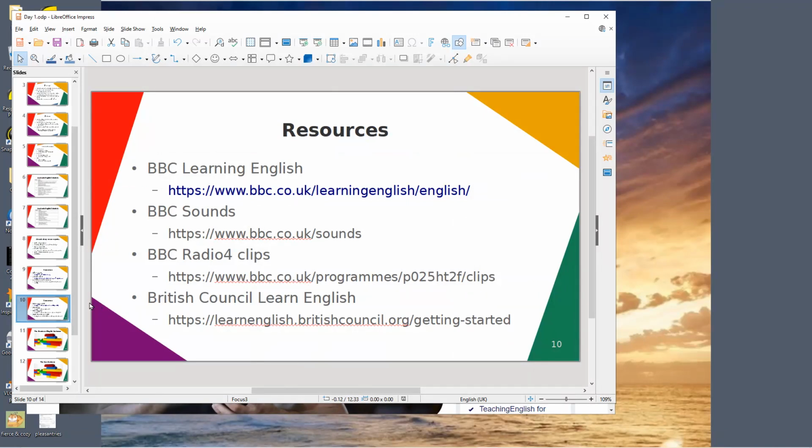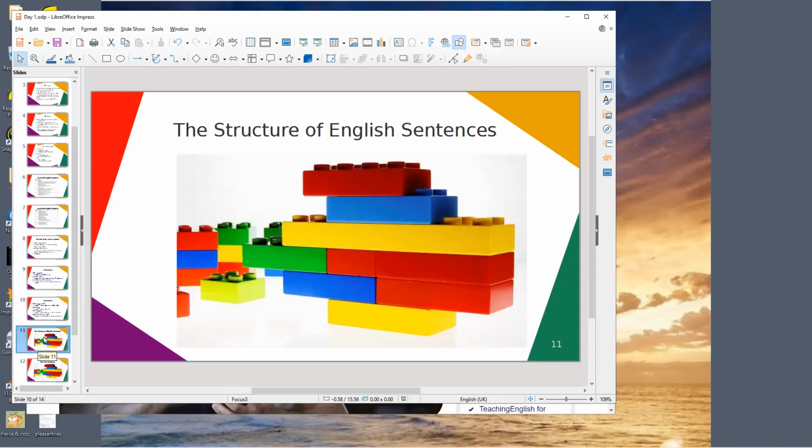So we've talked about the structure of the class. We've talked about how we're going to manage working with each other in the class. We've talked about lots of things. Let's start looking at how and what we're going to learn. The structure of English sentences.